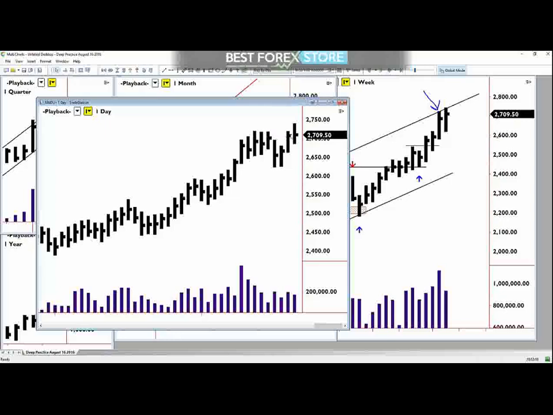So notice we're getting a potential upthrust here. Also notice on the daily, I should have brought this in earlier, sorry about that. But as we push up in here, we have good volume coming in. Now as we push up above this level, look at the volume level. It's not giving us the same kind of volume as we saw earlier, right?